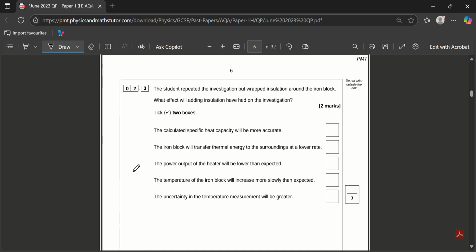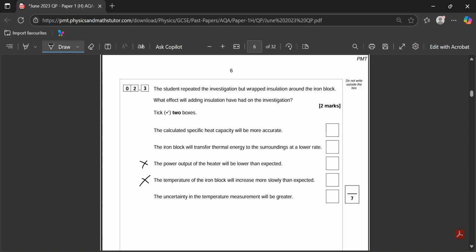Here they're asking us what the effect of adding insulation will be on the investigation. Well, going down the list, it's not going to be the power output, because insulation never affects power output. Temperature of the iron block will increase more slowly? No, the insulation's on the outside. Calculated specific heat capacity will be more accurate.